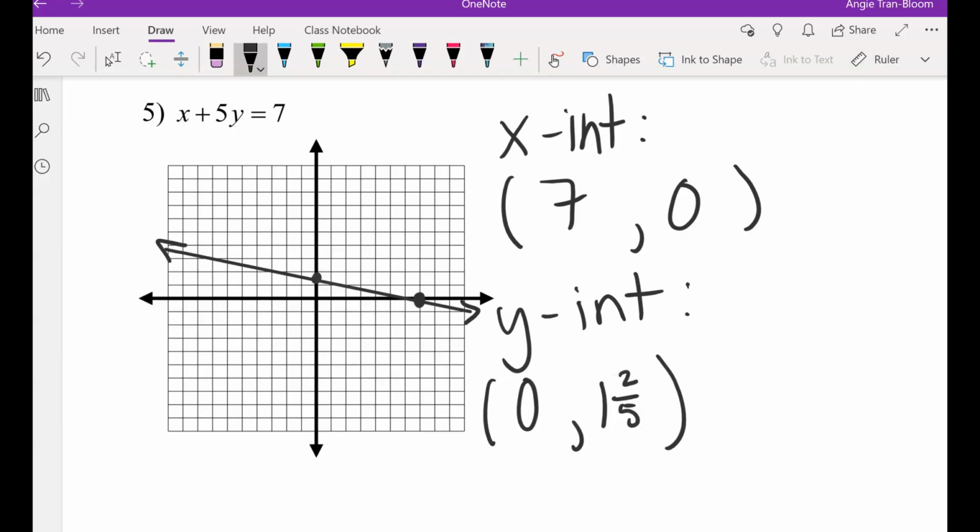Any questions on reviewing graphing lines? Is it coming back? Yeah, good. That's what we're doing a little bit quickly. Next page.